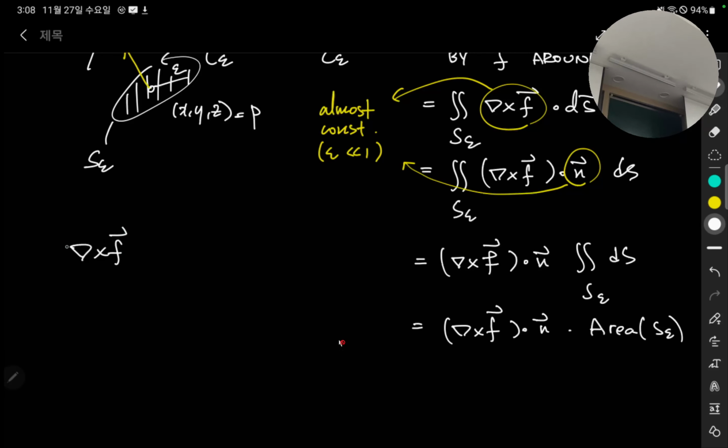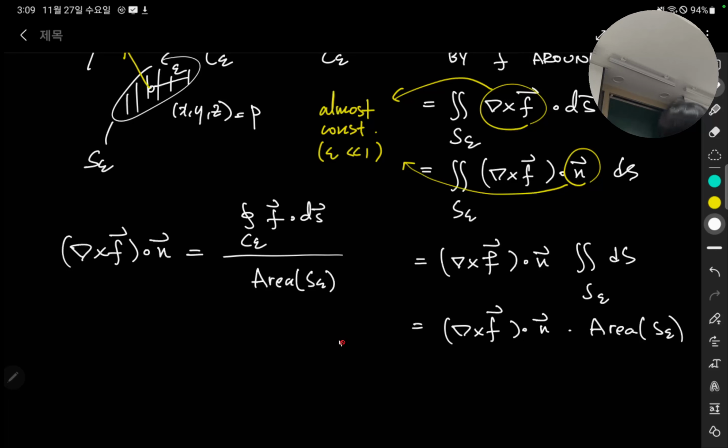The curl of the vector field together with the normal vector n is the same as the work done by the vector field around that point divided by the area of S epsilon. Without epsilon going to 0, it's an approximation, but when epsilon gets smaller and smaller, it becomes more and more accurate, because that vector is a constant vector, so it actually becomes equal.